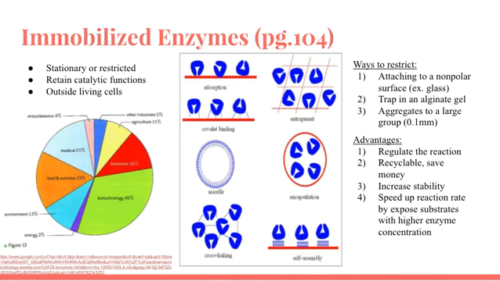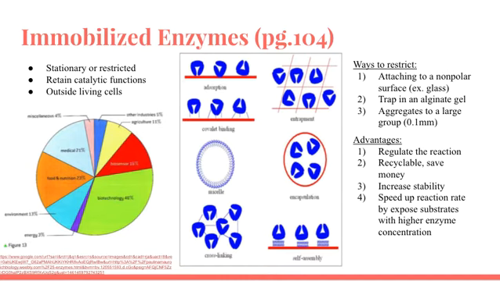Immobilized enzymes are heavily used in industry right now because of their advantages over dissolved enzymes. They can be easily separated from the reaction, stopping the reaction at the desirable time. Enzymes can be reused because some enzymes are very expensive, so recycling immobilized enzymes will save a lot of money and improve economy.